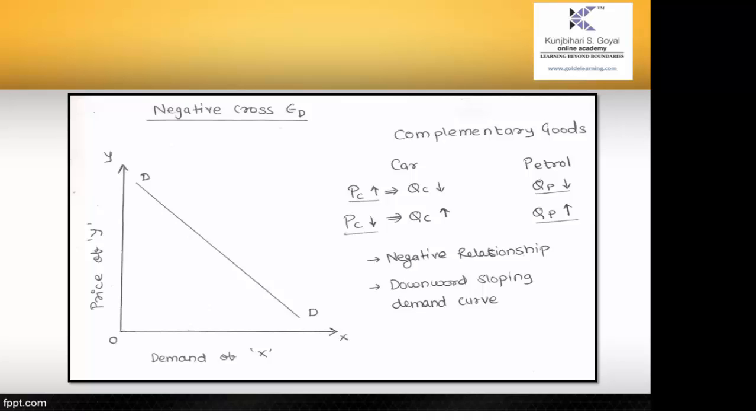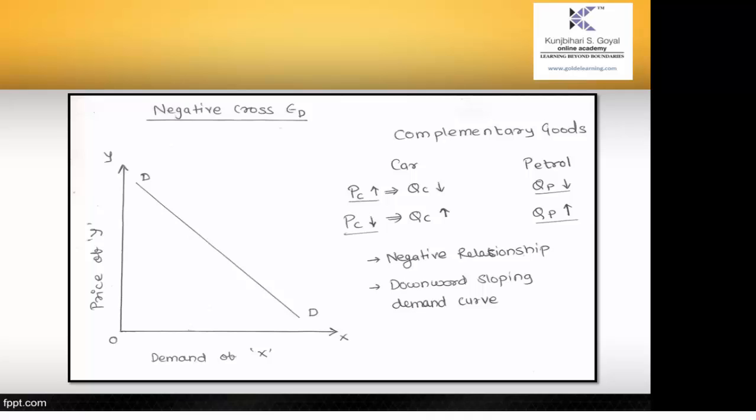So here you can see quantity demanded of petrol also increased. Let's look at the underlying equation. Price of car increased, quantity of petrol decreased. Price of car decreased, quantity of petrol increased. There is a negative relationship here.